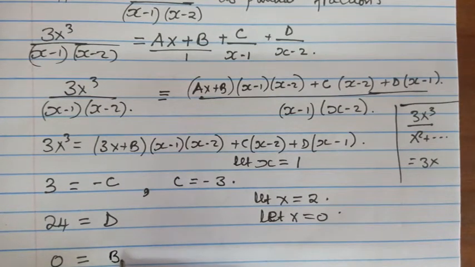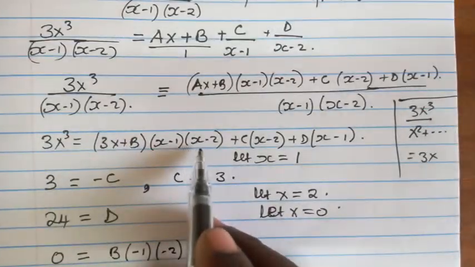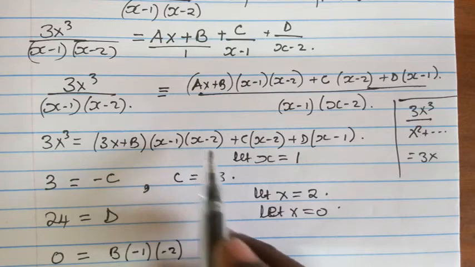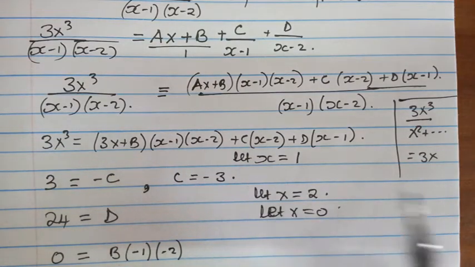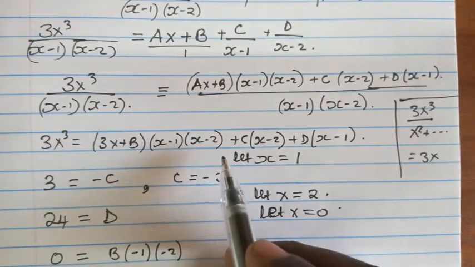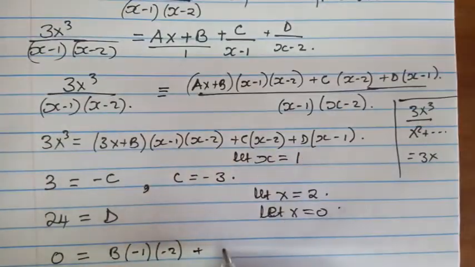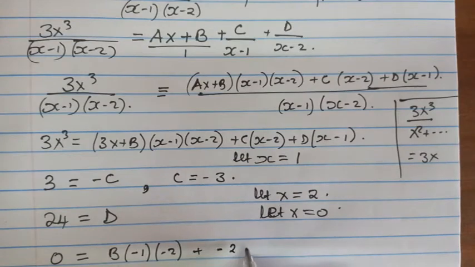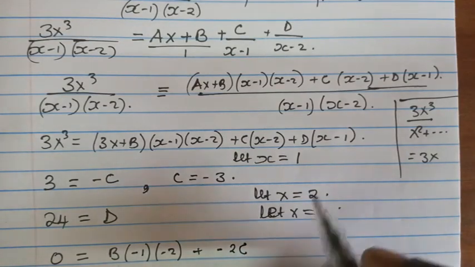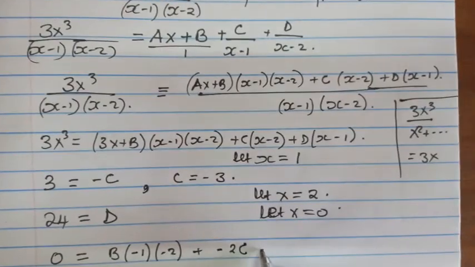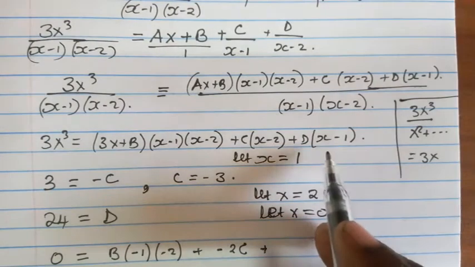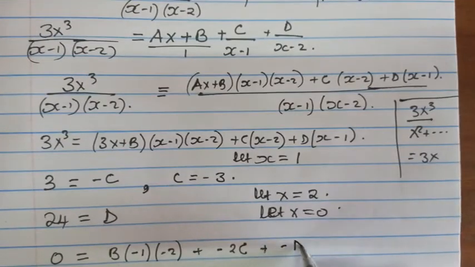multiplied by negative 1 multiplied by negative 2. This is 0 minus 1, and this is 0 minus 2, which is still minus 2, plus 0 minus 2, this is minus 2c, and this is plus minus 1d.